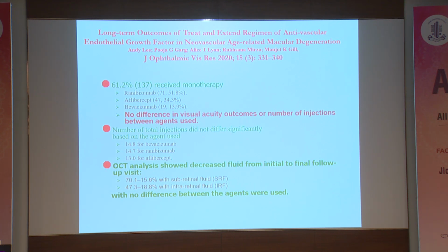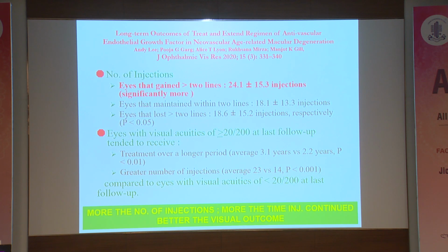So this is a long-term study of aflibercept, ranibizumab and bevacizumab. And you know what they found? No difference in visual outcomes or in the number of injections, regardless of the agent used. The OCT showed decreased fluid from the initial to final follow-up. All the drugs, no difference between the drugs. This in the long term, comparing all the work they had.